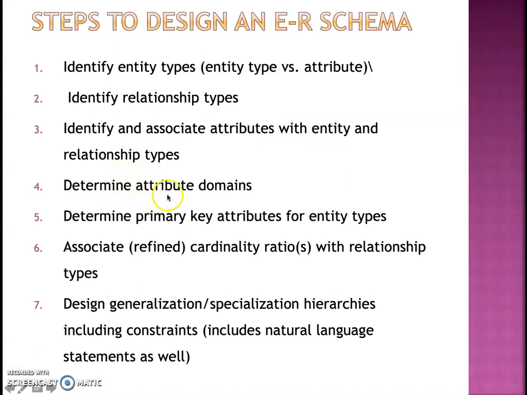Now we have to determine the attribute domains also. Another important thing is the primary key attribute for an entity type. Each entity can have a particular unique primary key that has to be determined.